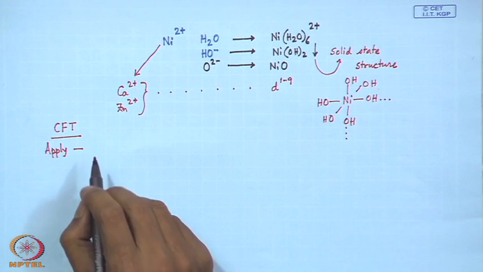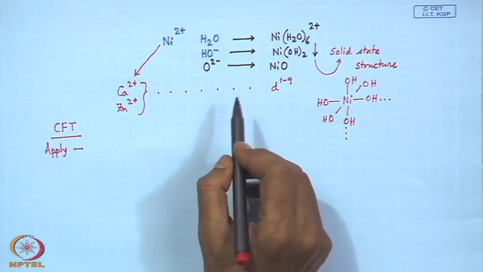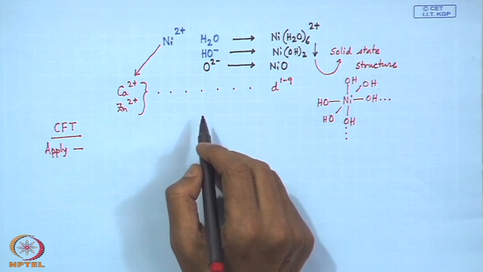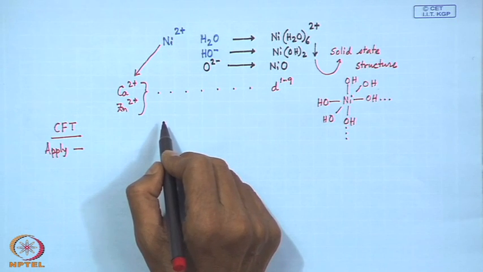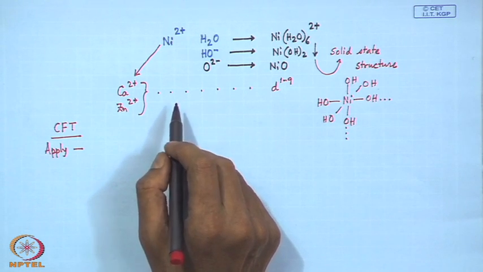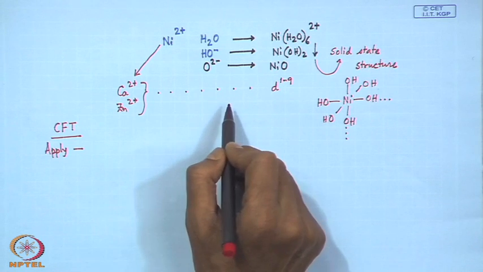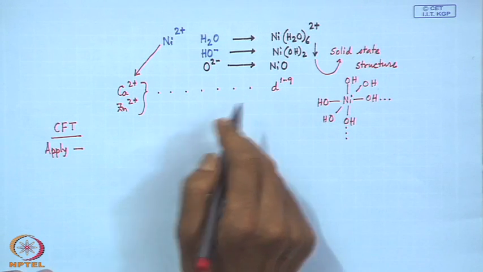So, we will see how we can apply these things and where the energetics of the system or some thermodynamic parameters vary with the variation of the occupation of these orbitals by the d electrons.